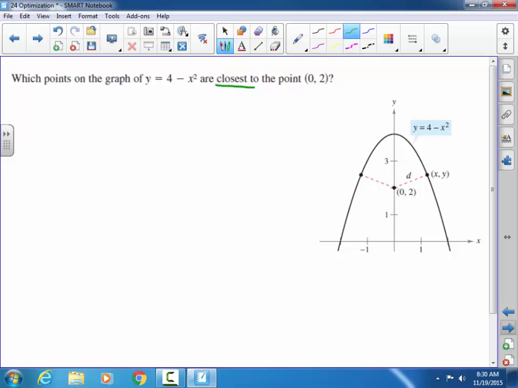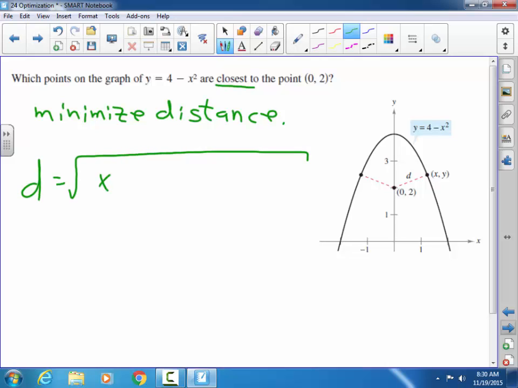So this is just another way of saying we want to minimize the distance. Well, how are we going to do that? Oh, this formula. Square root x2 minus x squared. No, that's y2 minus y1.